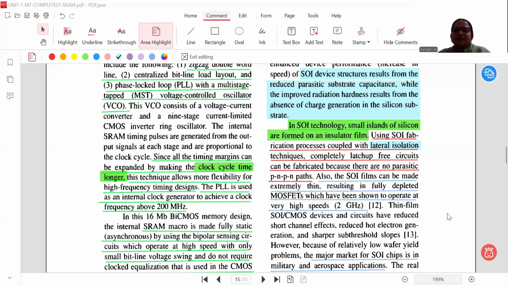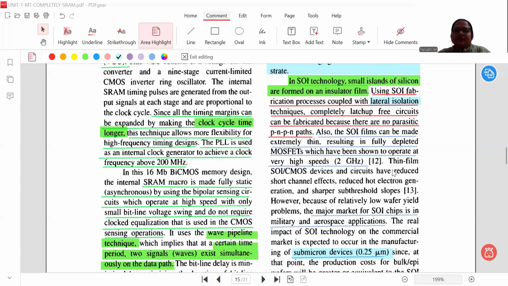Fully depleted MOSFETs are essential so that the amount of current required to flow within the MOS transistor is more, with less application of voltage. So it is very speedy, as less application of voltage is essential. As the voltage application is reduced in this kind of SOI, it becomes a very speedy device, operated at high frequencies like 2 gigahertz.